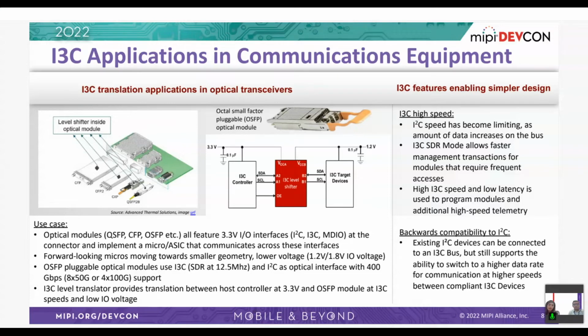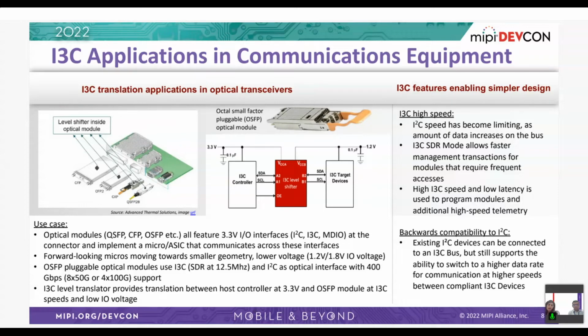And inside the optical module, there is an ASIC and a micro that communicates across these interfaces. Now, these ASICs or microcontrollers inside these modules, more future-looking ASICs are moving towards smaller geometries, lower voltage nodes, higher speeds, and smaller footprint.